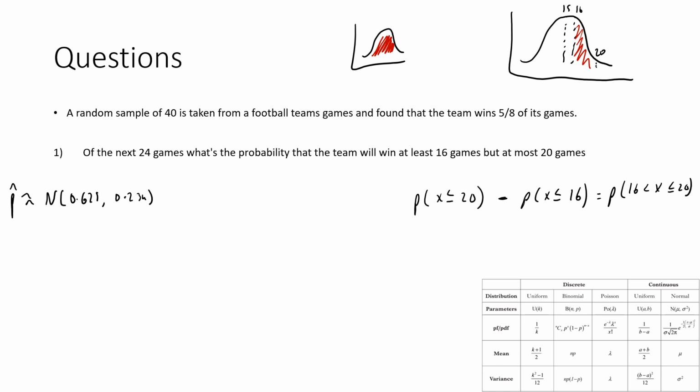So let's do that. First let's find a z value, the z value for the probability of x being less than or equal to 16. How we would do that is we would do 0.6667, because we're doing 16 over 24, minus 5 over 8, which is 0.625, over our standard error.